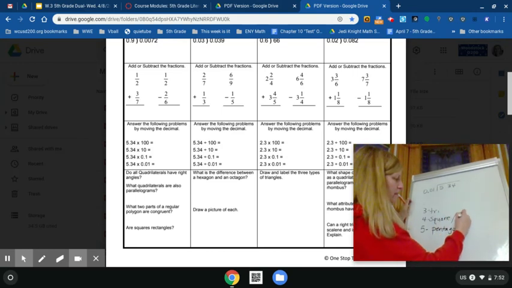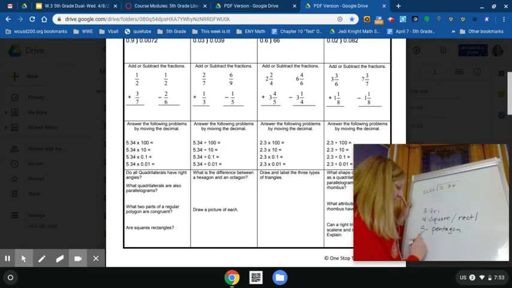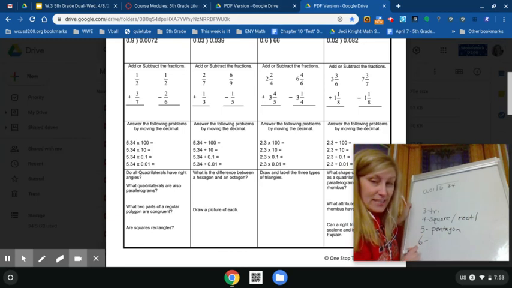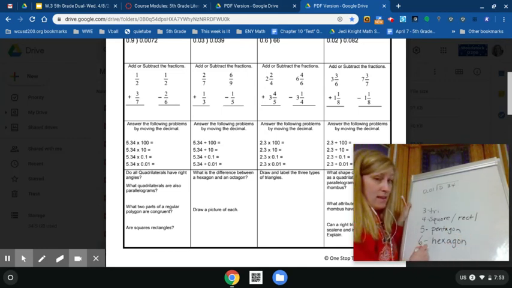There's a lot of 4-sided figures we can think of, right? I already rattled off a few of them. Rhombus, parallelogram. 5 is a pentagon. 6, you know what 6 is? A 6-sided shape. A hexagon. 7. Do you know what a 7 is? A 7-sided shape.